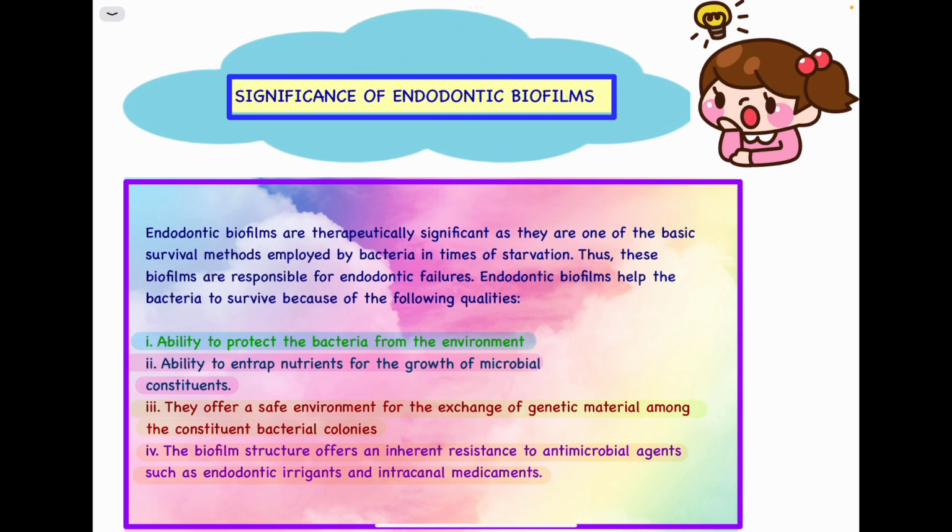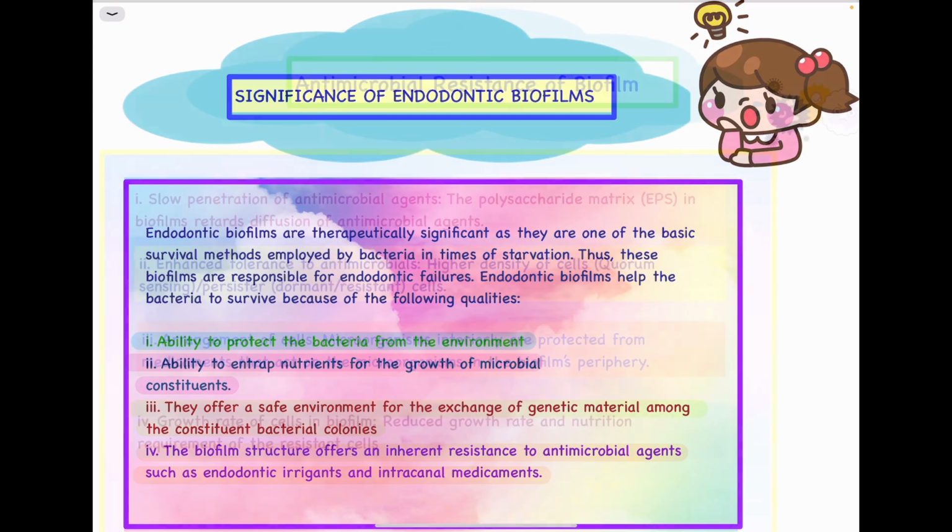So these are the two mechanisms. Because of these processes, various antimicrobial agents do not effectively work on these biofilms. So it offers a structure which is inherently resistant to a variety of drugs, endodontic irrigants and intracanal medicaments.